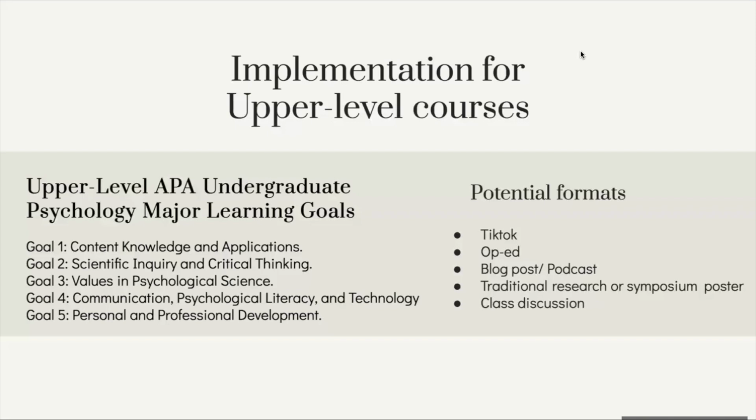As I mentioned, there's multiple ways to implement the Right to Learn for an upper level course, starting at the basis of using those Right to Learn questions and then expanding for a larger project later. This project that I've detailed to you here, thinking about taking a Right to Learn and then using it for a multimedia presentation or a paper, would be something that could cover all five of these upper level APA undergraduate psychology major learning goals.